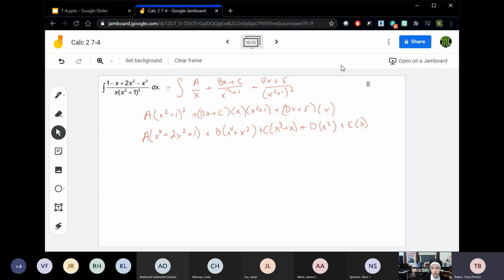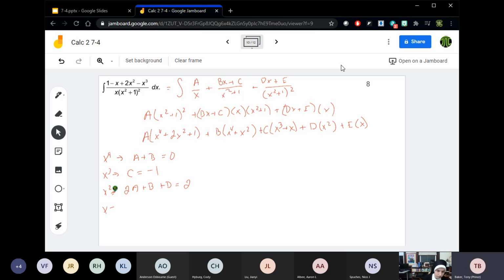So for the x to the 4th term, I have A plus B, and that has to equal 0 because there is no x to the 4th term. X to the 3rd, I have just C, and that's got to equal -1. X squared, I've got 2A plus B plus D, and that equals 2.